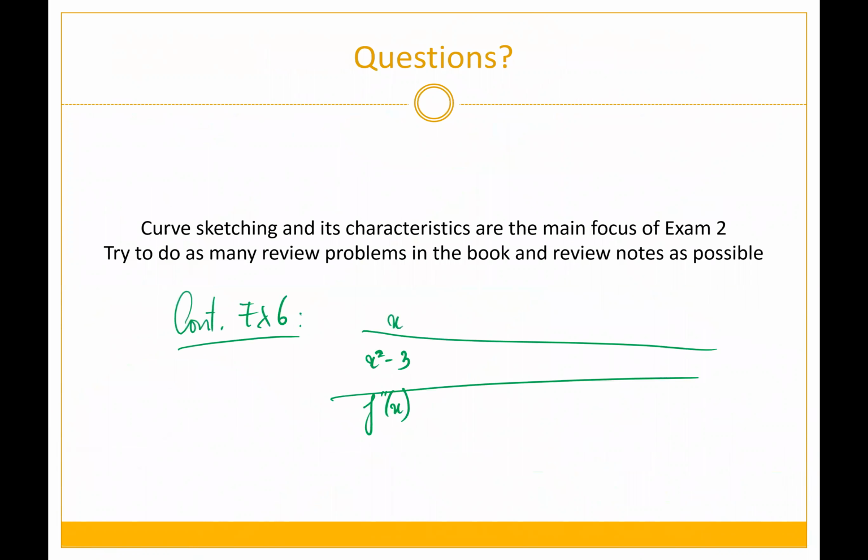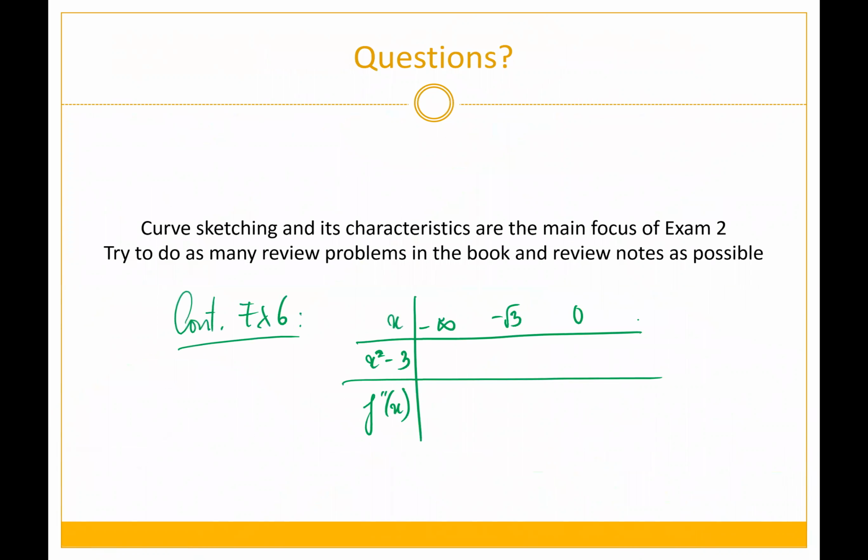There are 3 special points here: negative square root of 3, 0, square root of 3, and then infinity. f double prime is equal to 0 when x equals 0 or x squared minus 3 equals 0, which gives us negative square root of 3 and square root of 3. Now, x squared minus 3 is positive, negative, negative, positive.